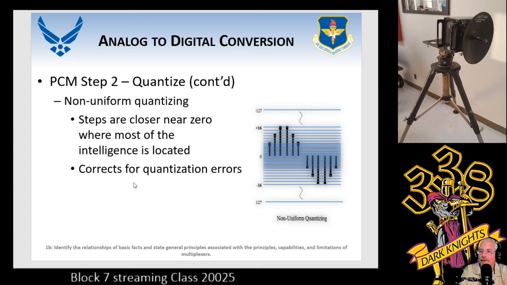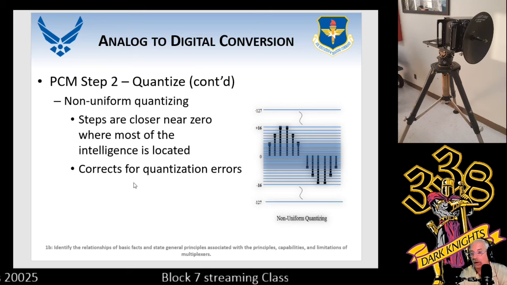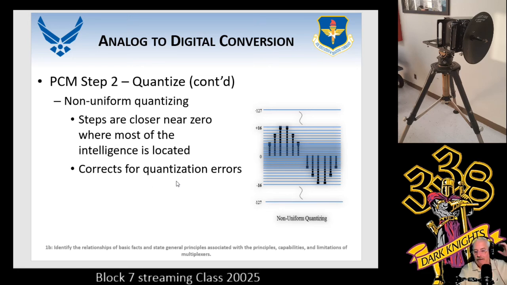Okay. Non-uniform. Okay. The one way to look at what corrects for quantization errors is non-uniform quantizing. And that's what I was trying to emphasize earlier. The non-uniform pushes those lines closer so you don't have the rounding errors. With uniform quantizing, you have a lot more quantization errors. Does that kind of help you out a little bit? Yes, sir. I was trying to think of how to say it, but I couldn't find words. Yeah. Non-uniform quantizing helps correct for most, notice that word, most quantization errors.